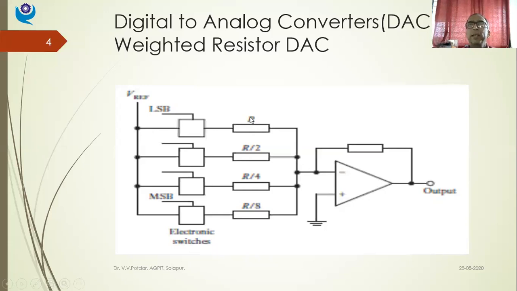Because if you take the same case 0011, from left to right, how much does this correspond to as a decimal number? The rightmost one is 2 to the power 0, so that is 1. The second from the right is 1, so 2 to the power 1. So this corresponds to a decimal number of 2 plus 1, that is 3.